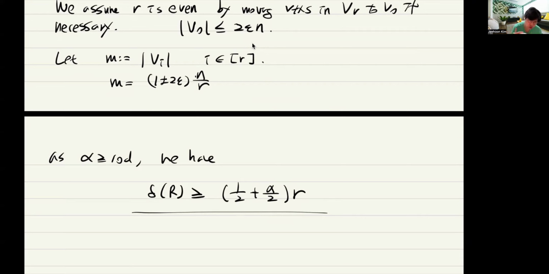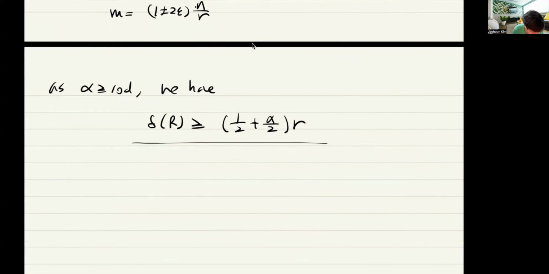It's reduced a little bit, but not too much. It's reduced by some constant times d and constant times 1 over R and so on. So essentially you have this minimum degree condition. So by Dirac's theorem, we know R contains a perfect matching.